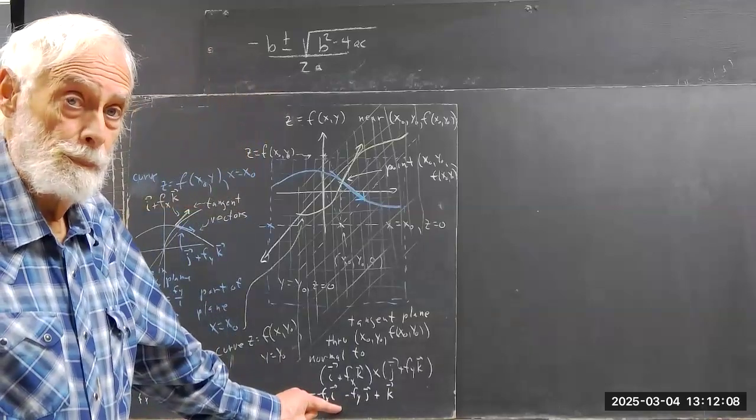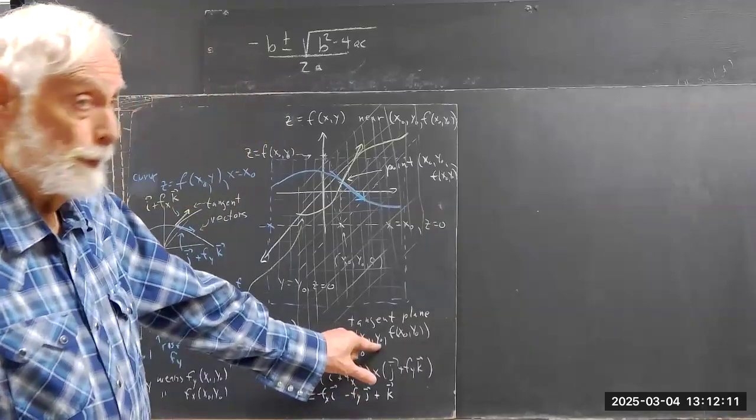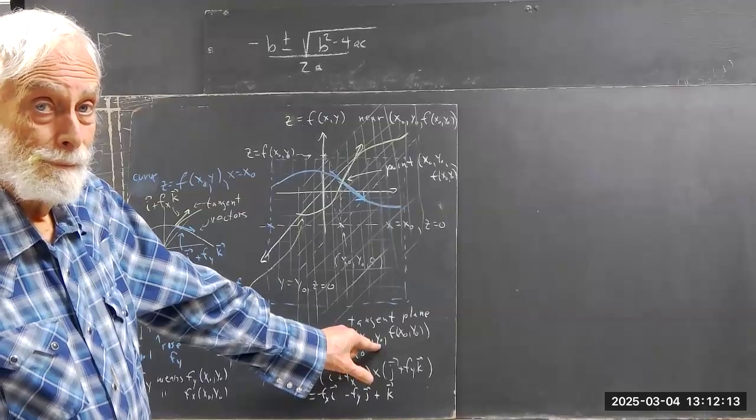There's a normal vector. There's a point. Okay.